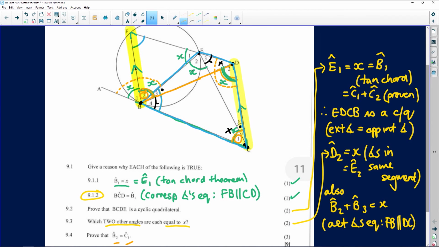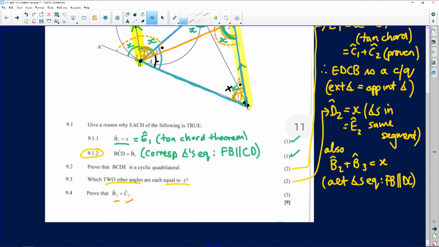So let's write that out quite nicely. Okay, I'm going to use the color green here. So for the last one over here, we're going to argue that B2 plus B3 is equal to C1 plus C2. Remember, they were both equal to X. We've proved that before. So that's proven that those two angles are equal to each other.